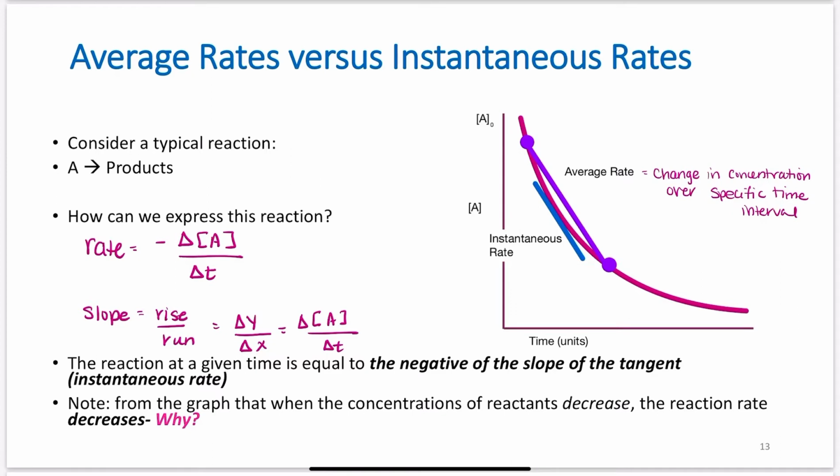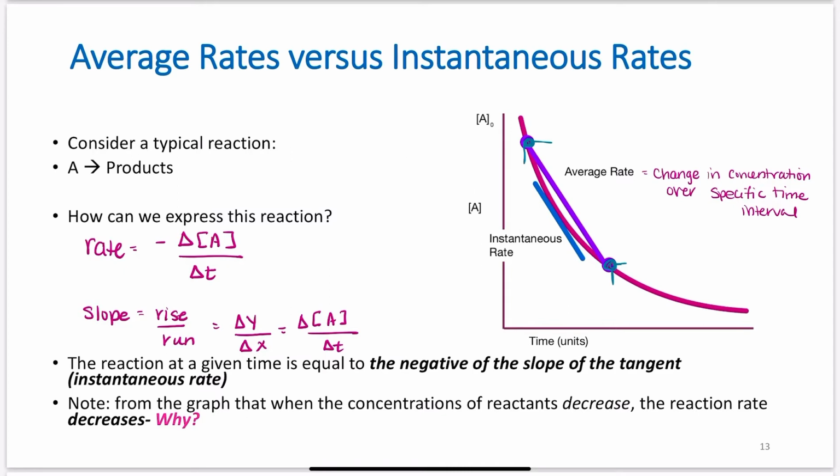If I took these 2 points, and we'll show this again on another graph in a slide or two, if I took these 2 purple points, here and here, and I took the change in concentration of A from here to here versus the change in time from here to here, that would be the average rate.